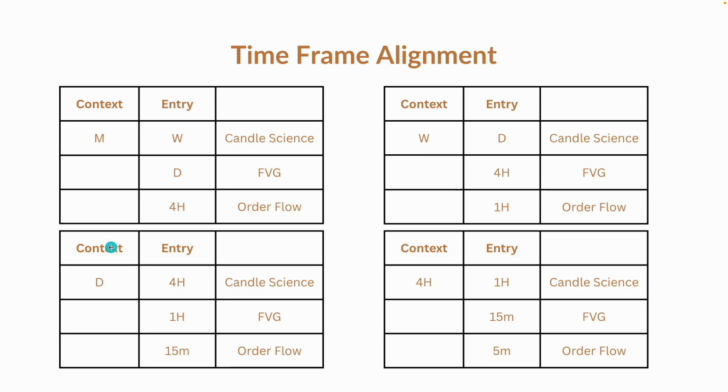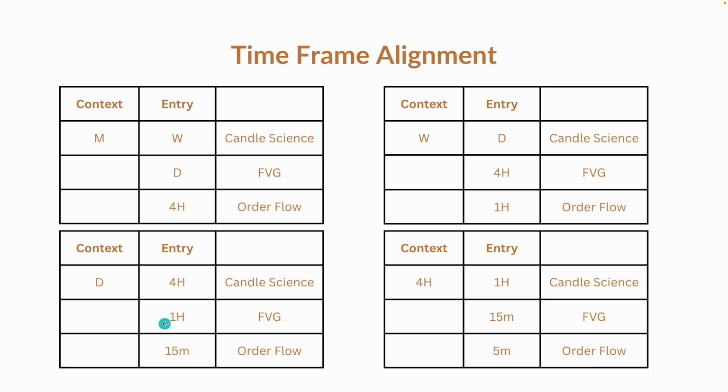For context on the daily time frame, like if there is a fair value gap on the daily time frame and we are taking entry on a lower time frame, on 4 hours, then the entry could be based on candle size.